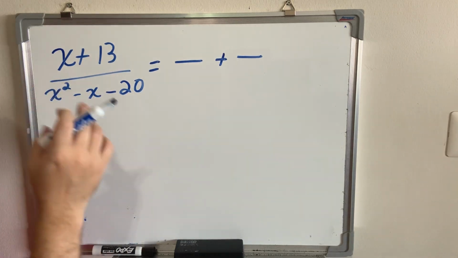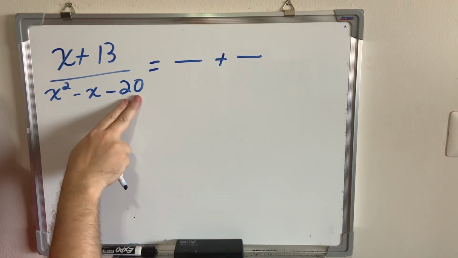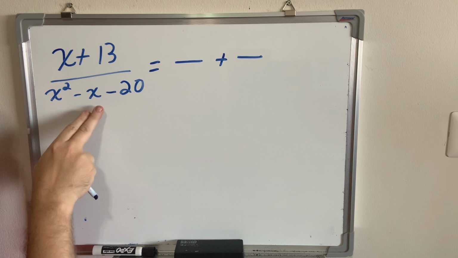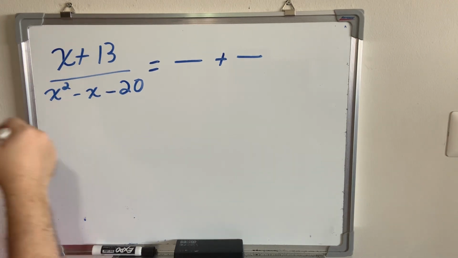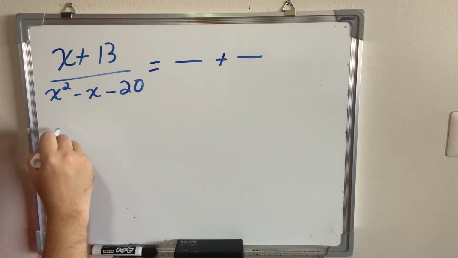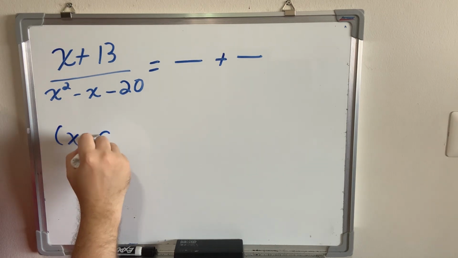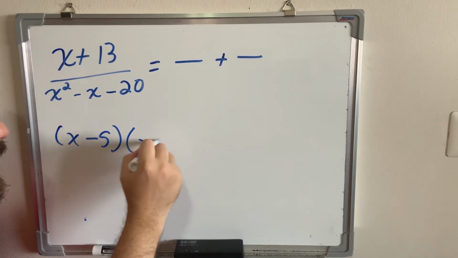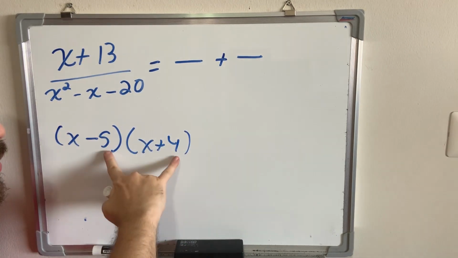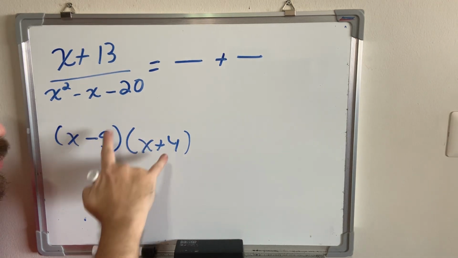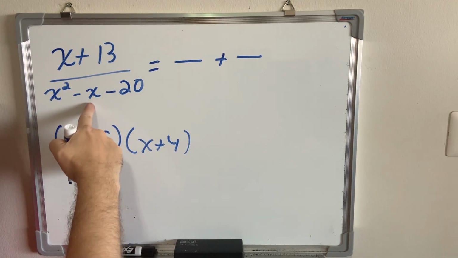It's just standard form. Two numbers that multiplied give you this, the constant, and added give you this term. And of course, that would be x minus 5, x plus 4. When you multiply these two, you get negative 20. When you add these two, you get negative 1.